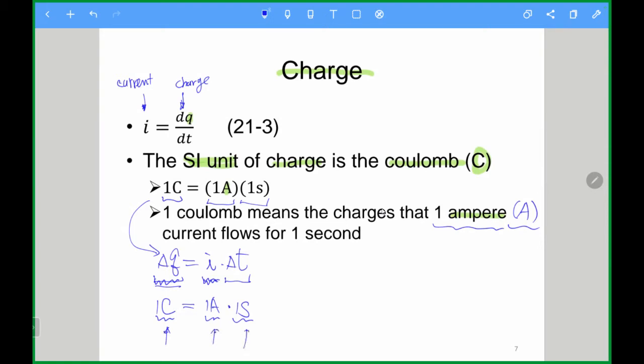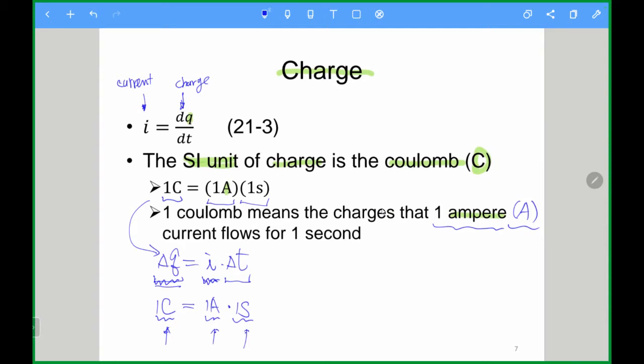Of course, for time, you must know what it is, s, but for charge, it should be Coulomb. For the current, it should be ampere. And maybe in the next chapter, you will learn the electric field.